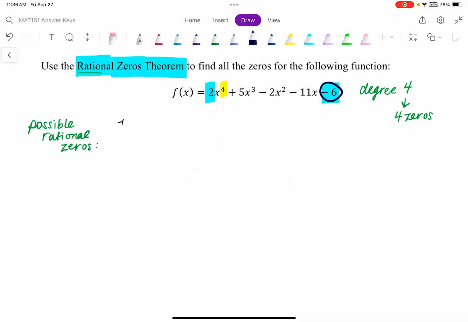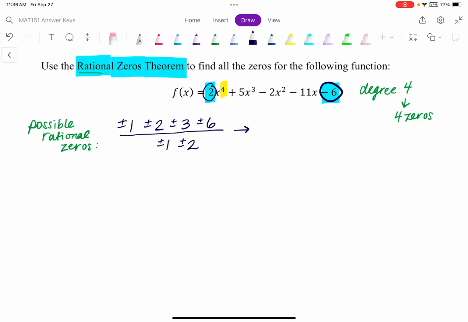So that would be plus or minus 1, plus or minus 2, plus or minus 3, and plus or minus 6. And then we divide those factors by all of the factors of 2, the numbers that divide evenly into 2, which would be plus or minus 1 and plus or minus 2. So then let's actually list out all of these individual values.